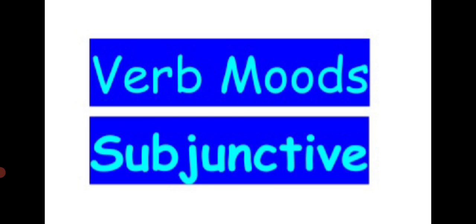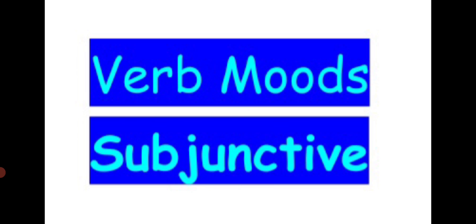Subjunctive rule number 3. Remember that the word that can be implied or invisible. Our teacher insists we do our homework. The sentence is really the same as our teacher insists that we do our homework. Here are 2 examples.